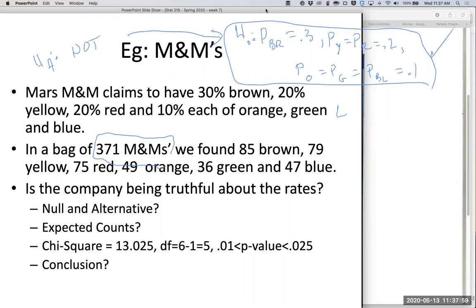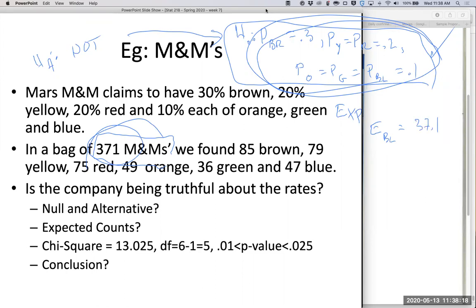So the expected counts correspond to the null hypothesized rates and 371. The expected blue is 10% of 371, 37.1. The expected number of green is 37.1.